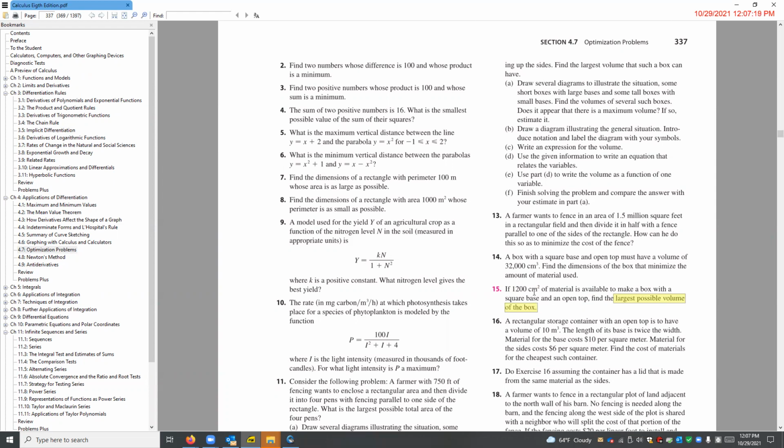So let me get the important stuff written down. Find the max volume of a box with square base and open top made with 1200 cm squared material.